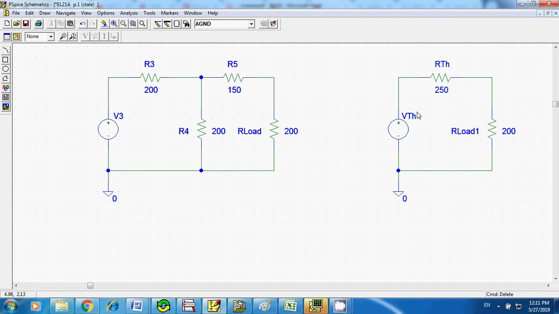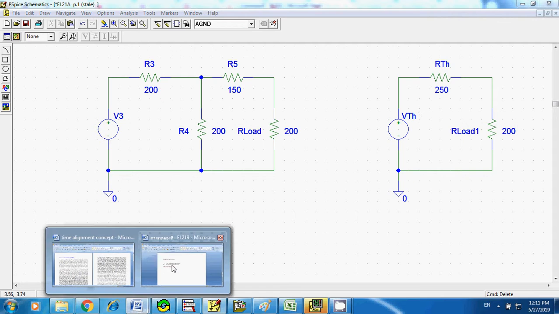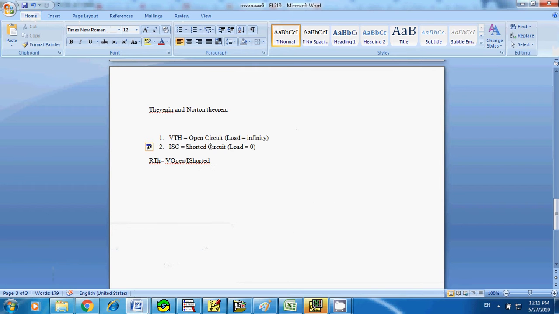So what I have just right here, the Thevenin theorem, just says that in step 1, your VTH is going to be the open circuit voltage, where your load is open or equal to infinity, and you can calculate RTH.